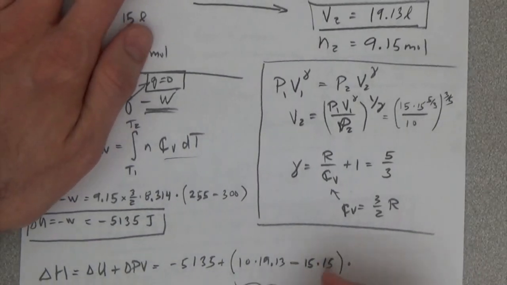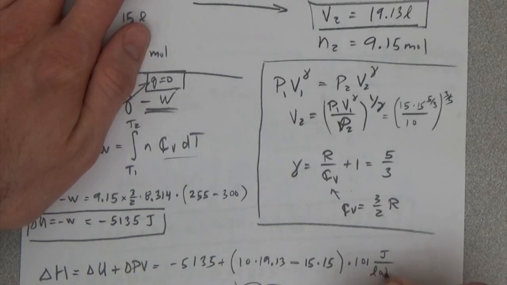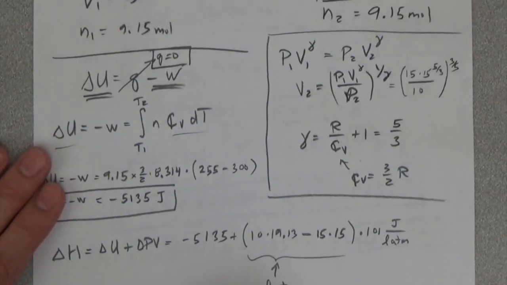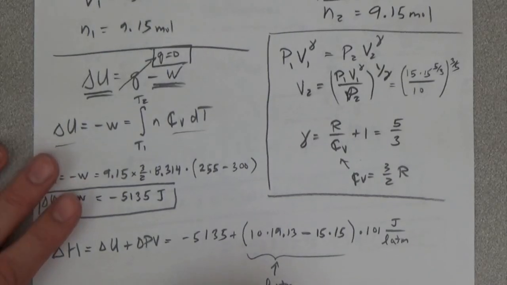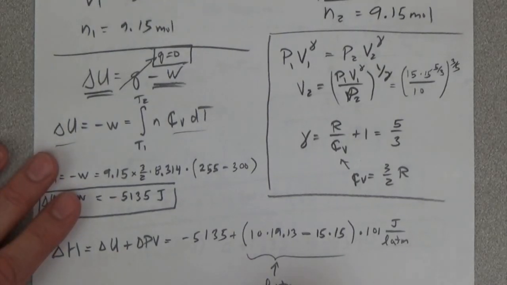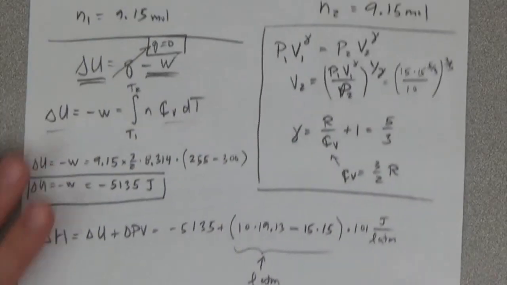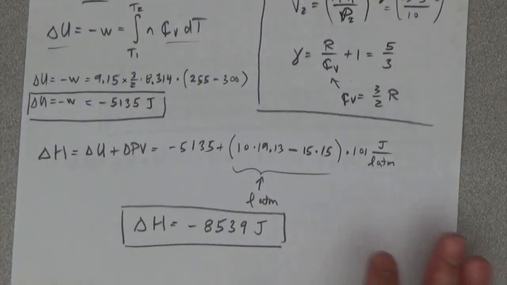So we multiply this by 101 joule per liter atmosphere. We get delta H is equal to minus 8,539 joules. Okay.